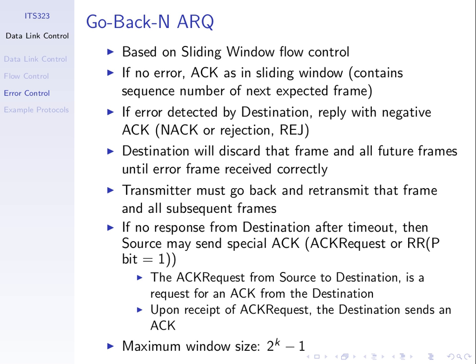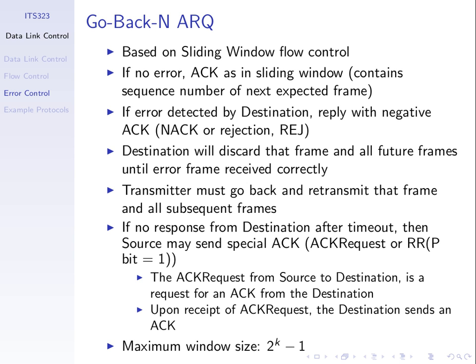What the destination does then, when it detects an error, if it detects one frame is wrong, is discard that frame, throw it away, and all future frames which have been received until the error frame has been retransmitted and received correctly.